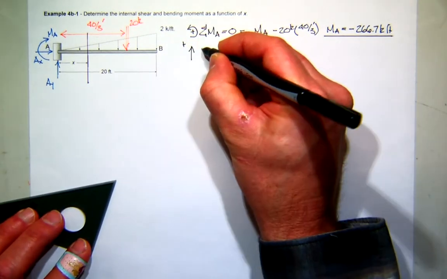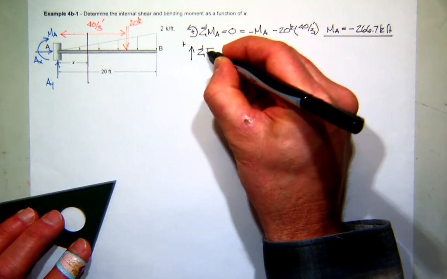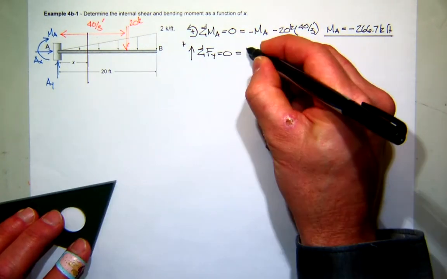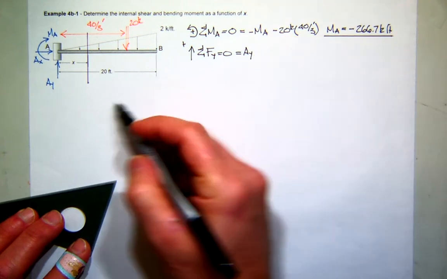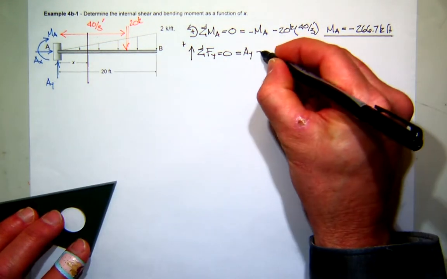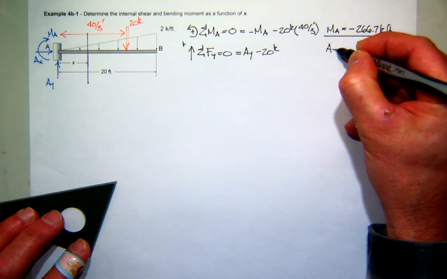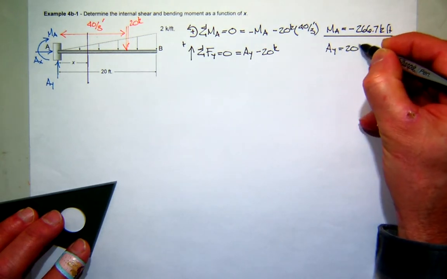Then I'll sum forces in the y direction. I got AY up. What else? Oh, minus 20 down. So it looks like AY is 20 kips.